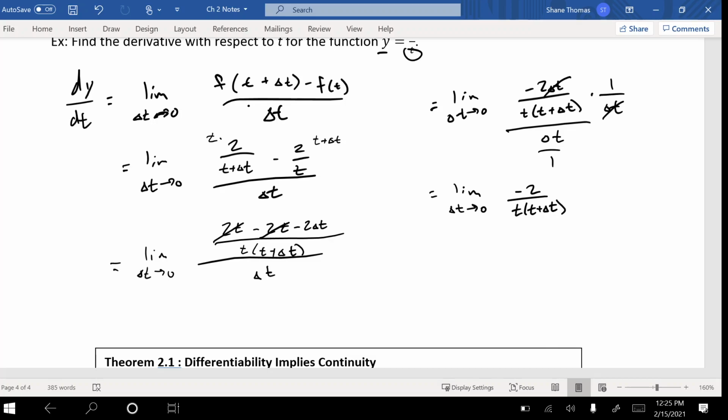So if I plug in 0 for delta t, that's going to leave me with negative 2 over t times t, which is t squared, plus t times 0, which is 0. So there's my function. That would be my derivative.